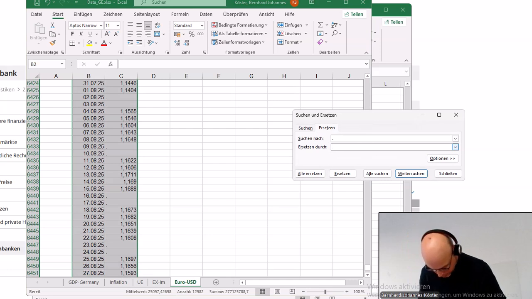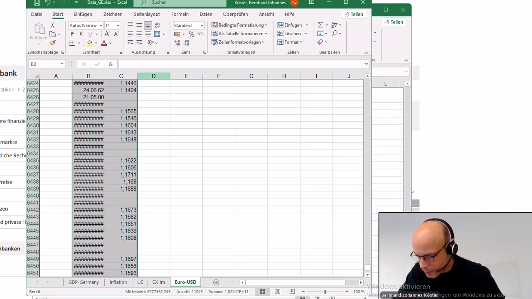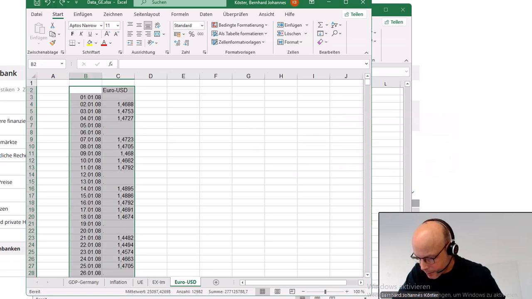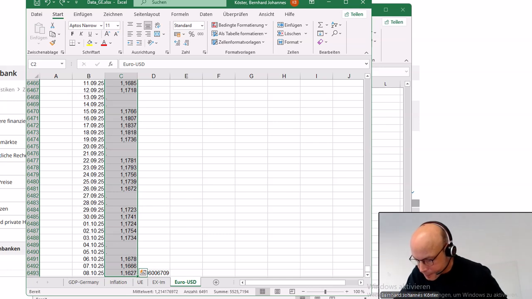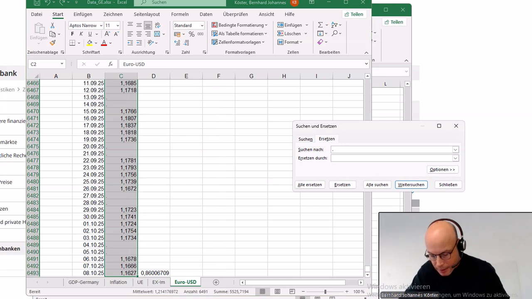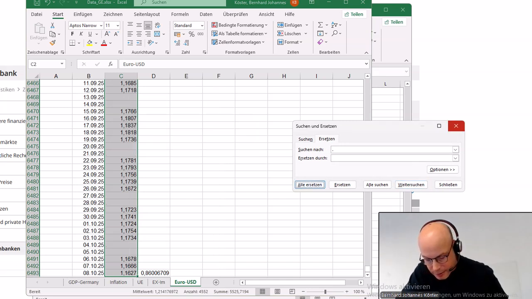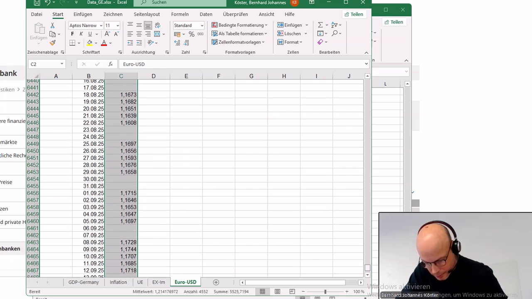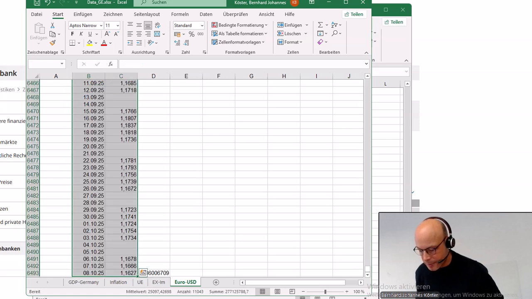These are now both, and you see what I have done again. Now I have deleted every dot, and now it looks better.